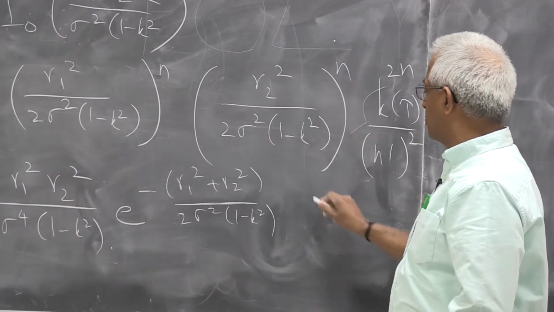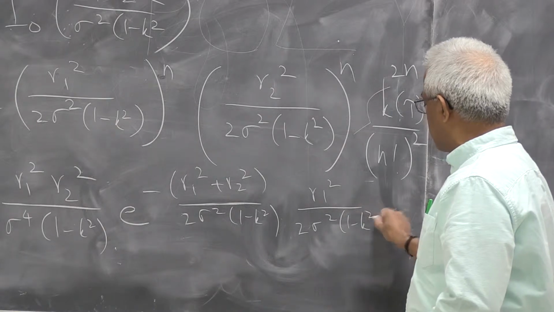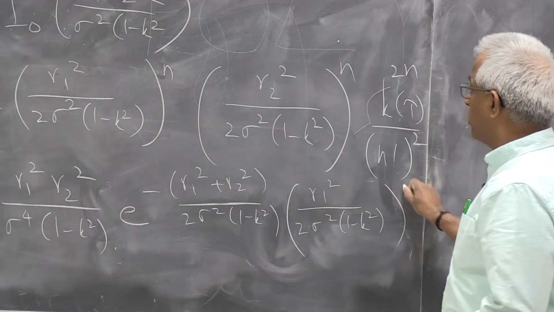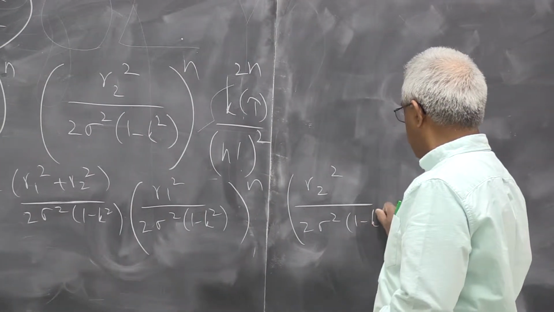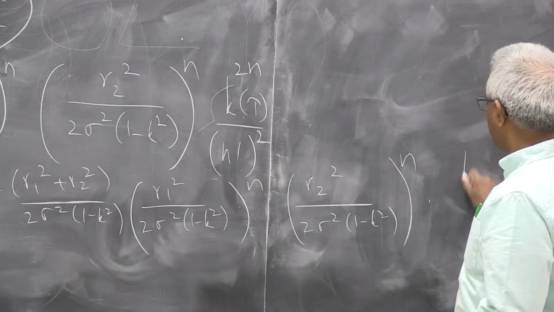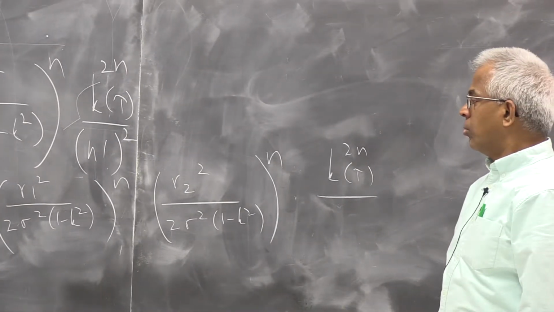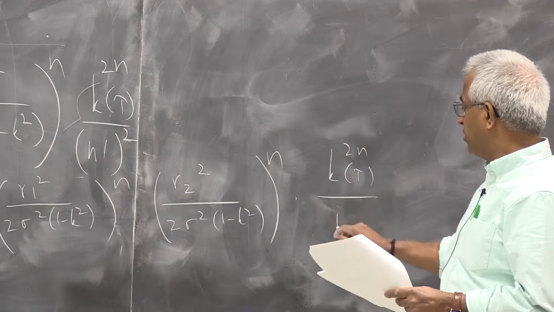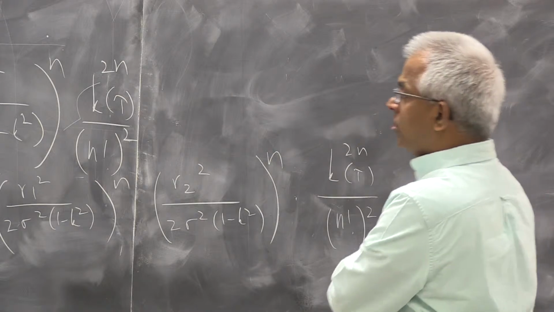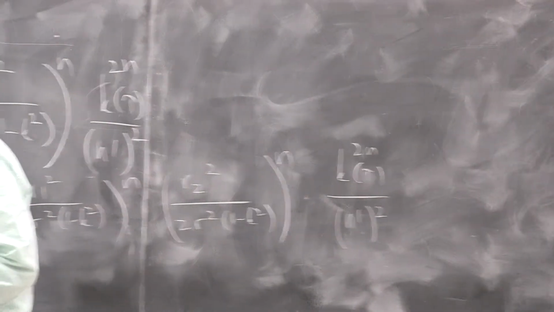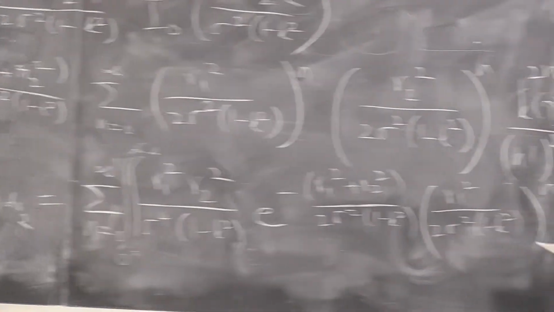Then you have these terms: R1 squared over 2 sigma squared, 1 minus k squared, to the power n, R2 squared over 2 sigma squared, 1 minus k squared, to the power n, then k to the power 2n, remember, k is a function of tau, over n factorial squared. So what is missing here is the integration. The integration is on R1 and R2, two integrals from 0 to infinity, dR1 dR2.